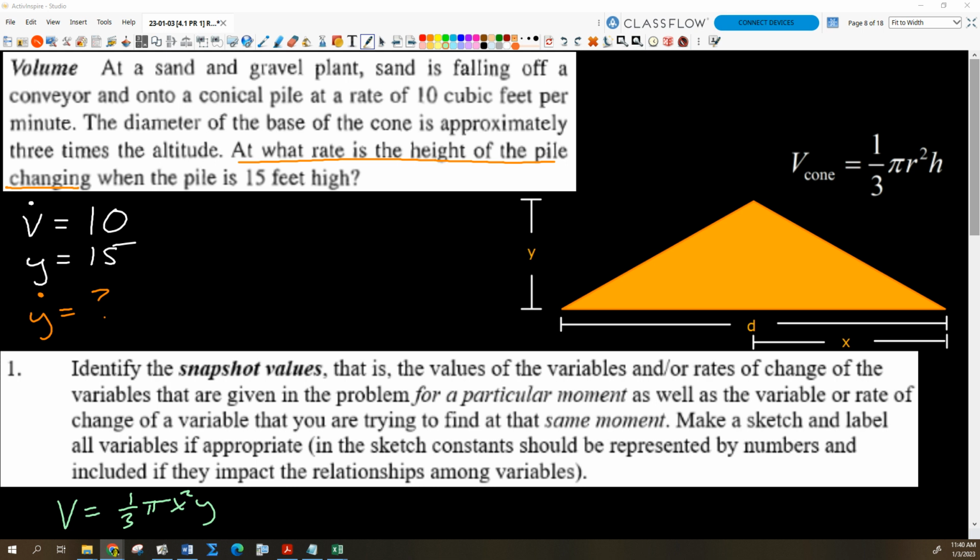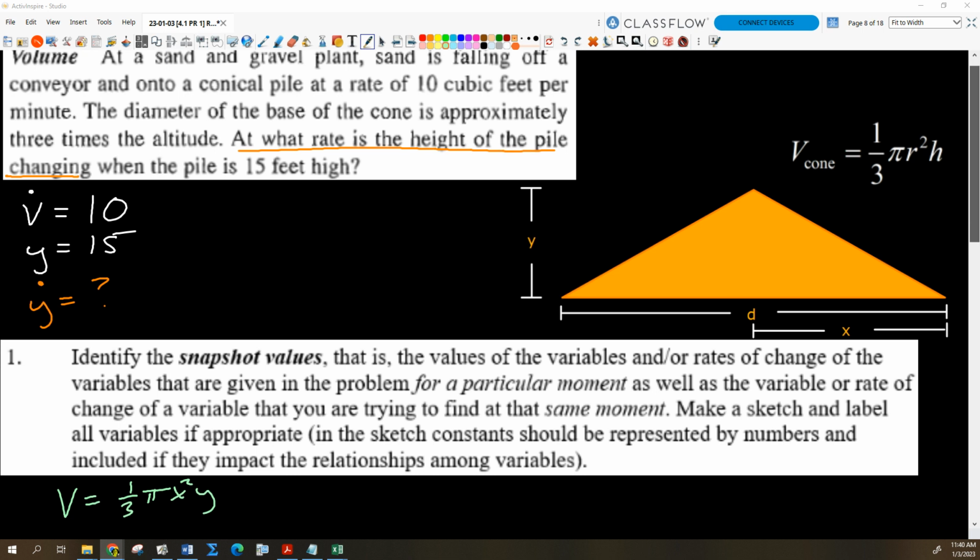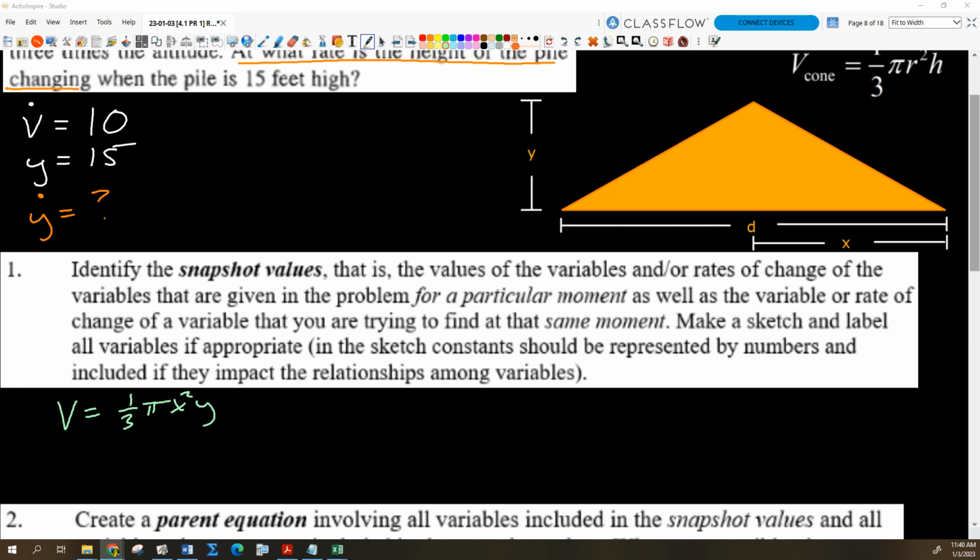It fits a derivative. Whenever we see derivatives, we know we're talking about rates, right? So my goal then is, how am I going to get from my parent equation to a related rates equation? I need to turn this into an equation that involves rates of change. So I know I'm differentiating to get derivatives, but what am I differentiating with respect to? Derivatives, we always have to know, what are we differentiating with respect to, right?